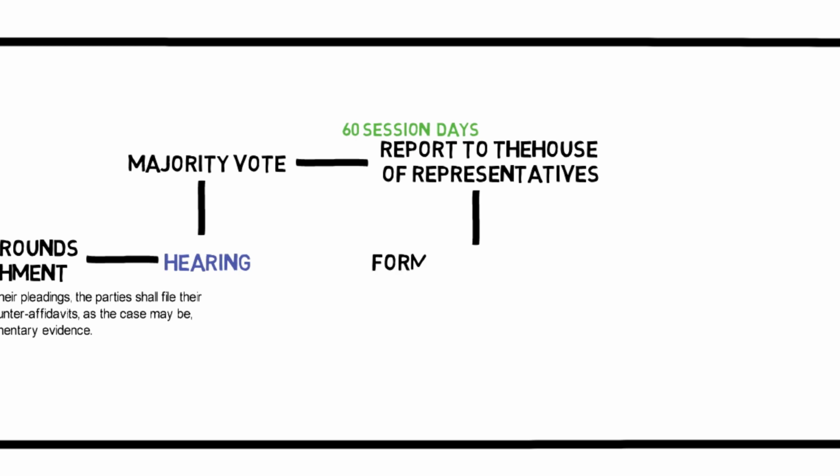Together with the report shall be a formal resolution of the committee regarding the disposition of the complaint, which shall be calendared for consideration by the House within 10 session days from receipt.